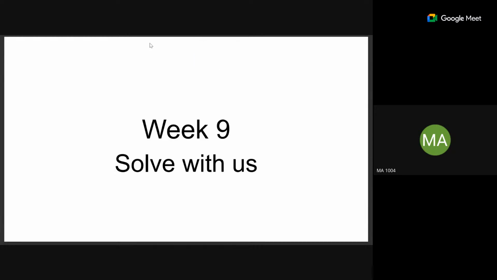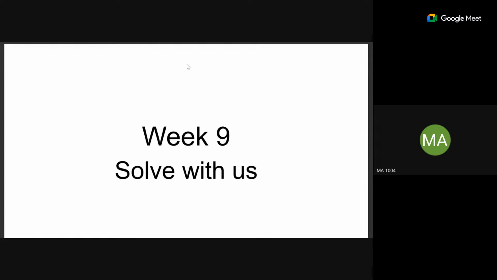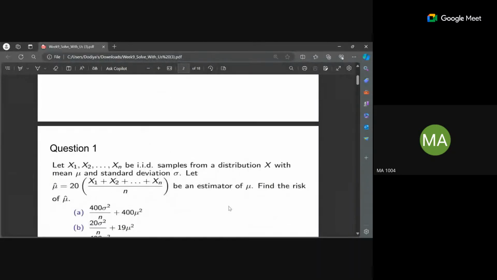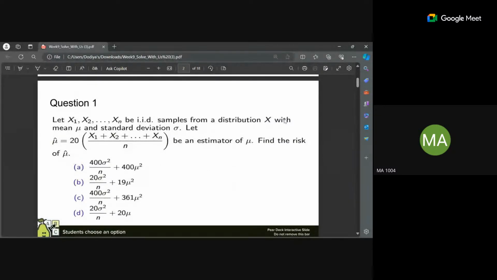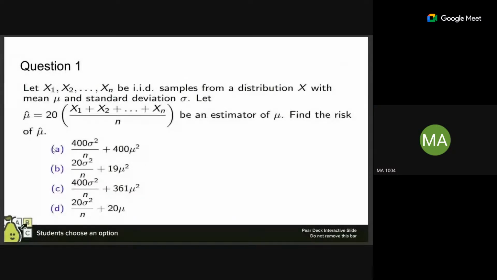So here is the first question. It says x1 to xn are some IID samples, independent and identically distributed, from a distribution X with mean mu and standard deviation sigma. Where mu hat is one estimator of mu, then find the risk of mu hat. Will you guys try to solve this question?